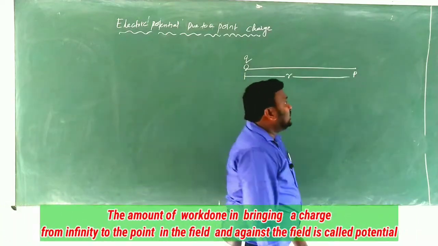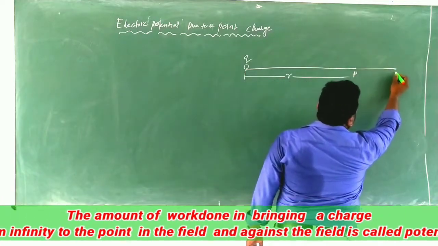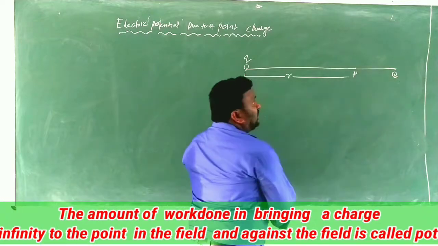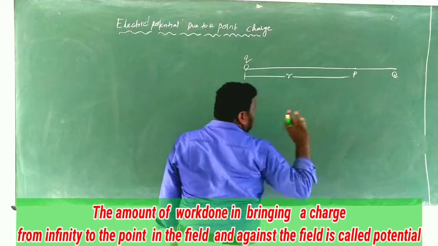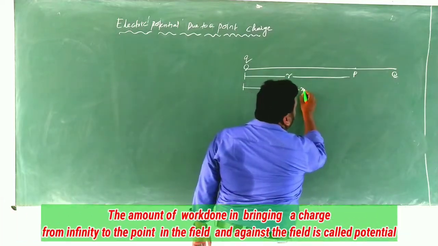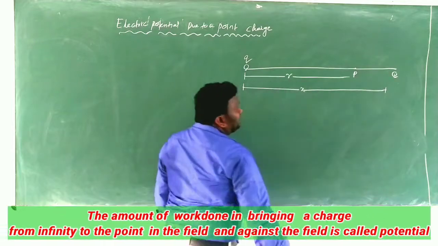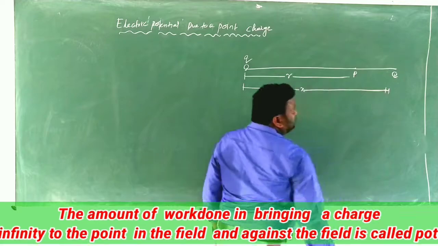After that we select one more point, which I am calling q. That q is just a point now, not a charge, and that point is at a distance of X. Clear?